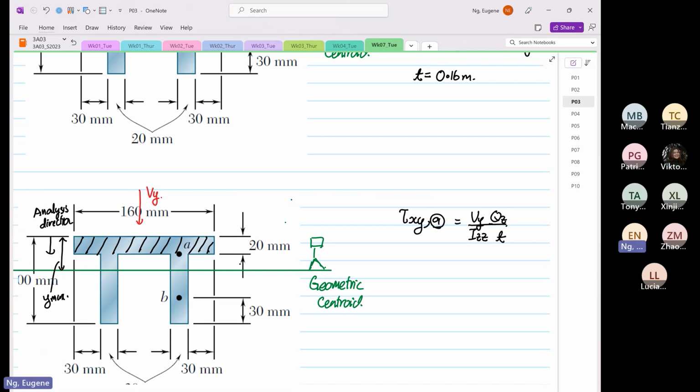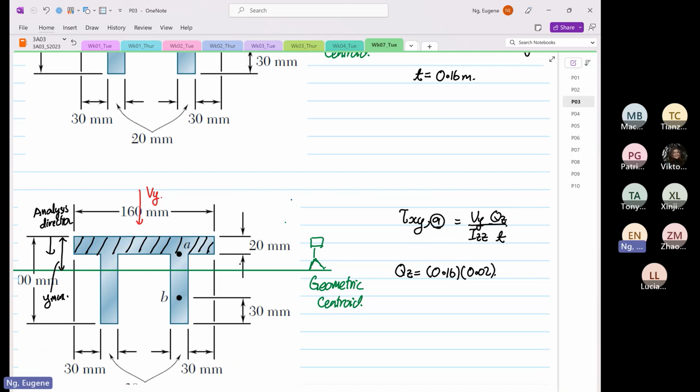So for this case, the first moment of area is easy. Okay, not easy, but it's equal to Qz. I better write the formula: A multiplied by Y bar, the first moment of area about the z-axis. We know that the width is equal to 0.16, and the depth is equal to 0.02.